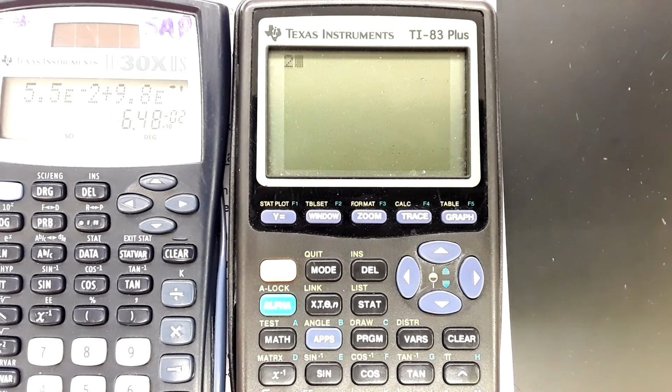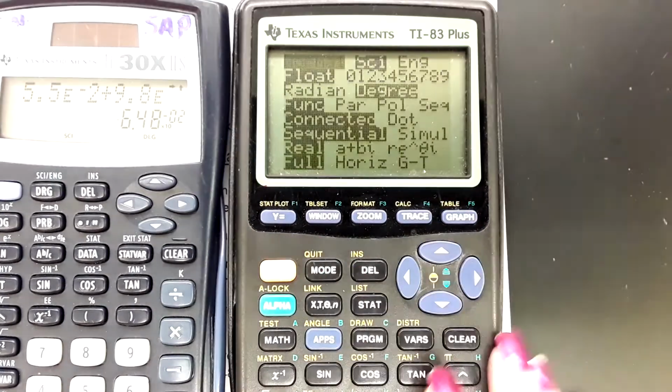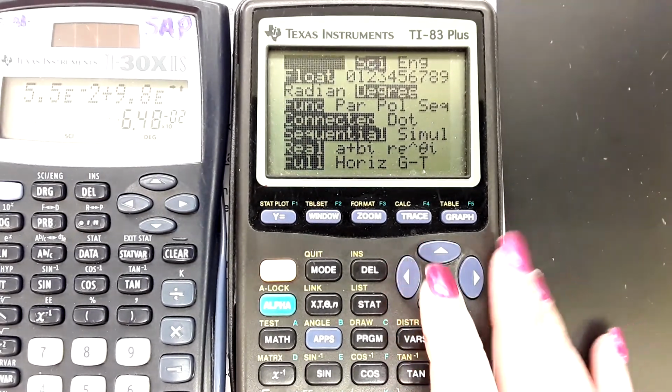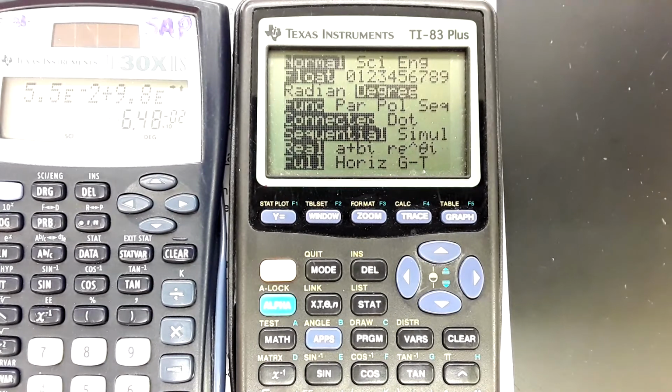Now if I stick in a really big number and then just hit enter, it puts it in scientific notation for me because you've told it you want your answers in scientific notation form. If you don't want the answer in scientific notation form, go back to mode, put the cursor back on normal and hit enter.